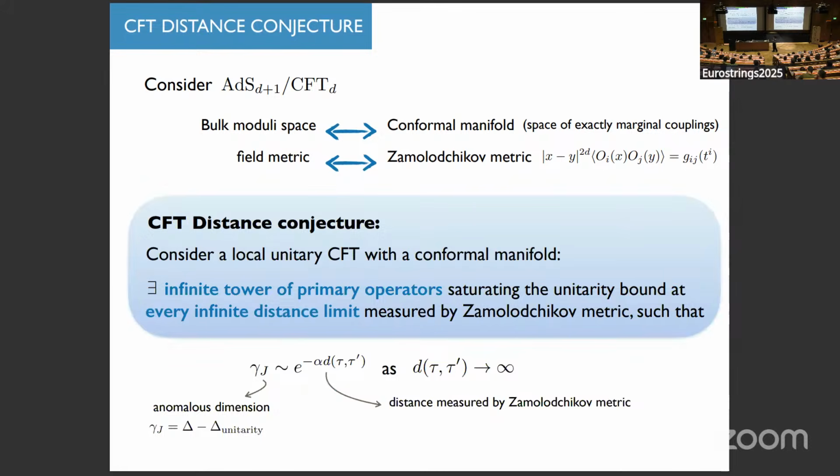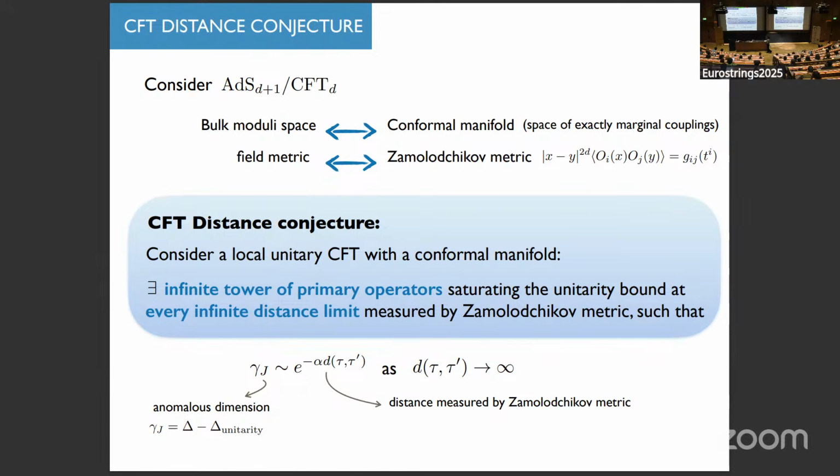So if you translate this distance conjecture to CFTs, it implies that when you have some local unitary CFT, because I still want to have some gravitational dual, with a conformal manifold, then there should be an infinite tower of primary operators saturating the unitarity bound. That would be the equivalent of saying that they become light in the bulk.